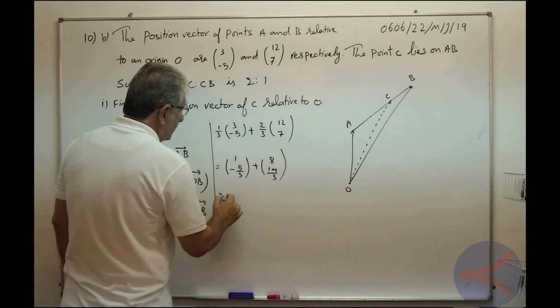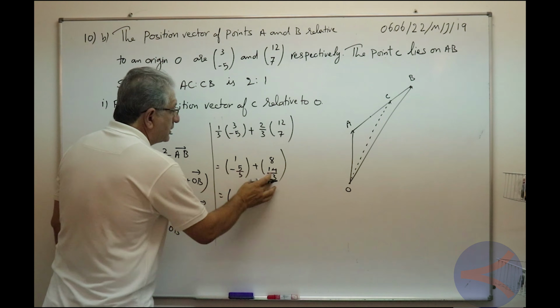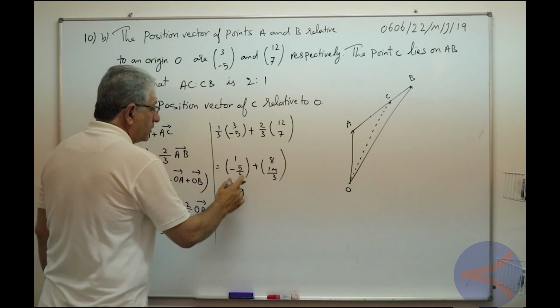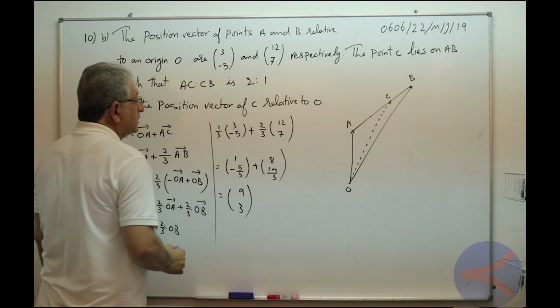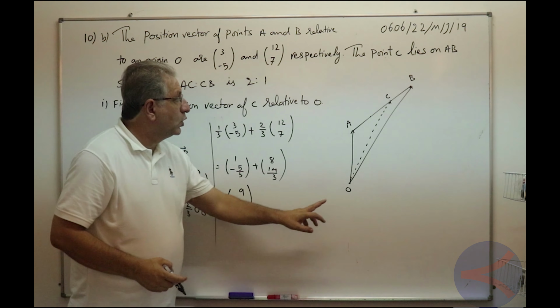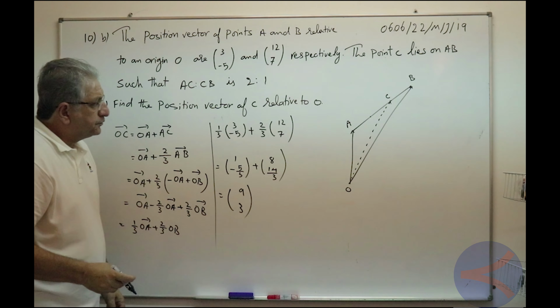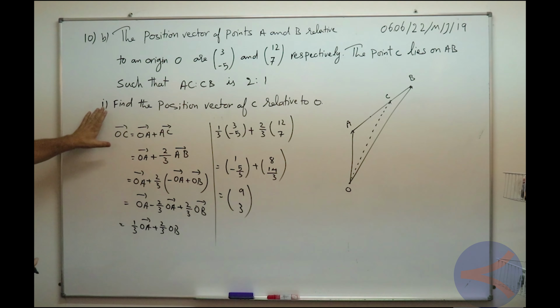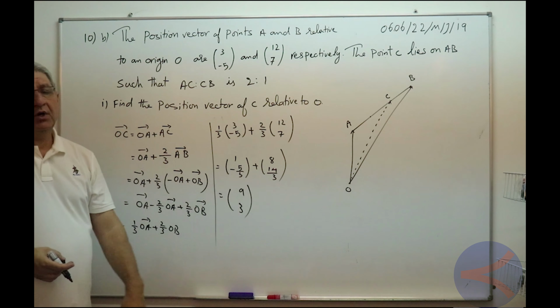Now, if you add them, you are going to get 9. This will be 9/3, which is 3. Therefore, this is the position vector of OC. Anyhow, this is the method which you can work it out.